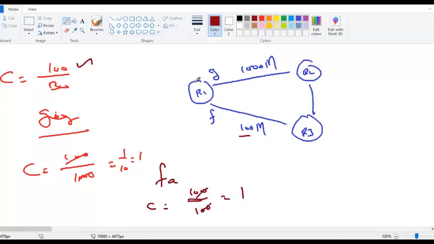So OSPF here will think I have 2 paths. One this way, another way. Both cost is 1. And it will try to do load sharing. Equal cost will always do load sharing.